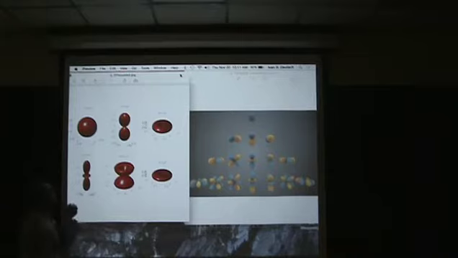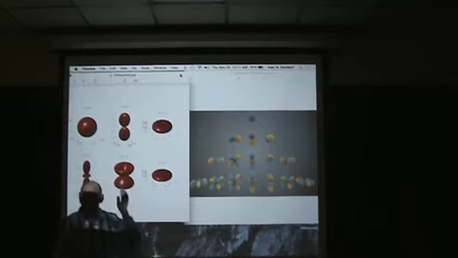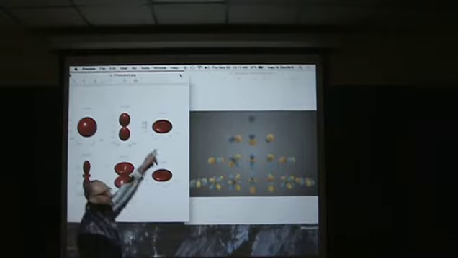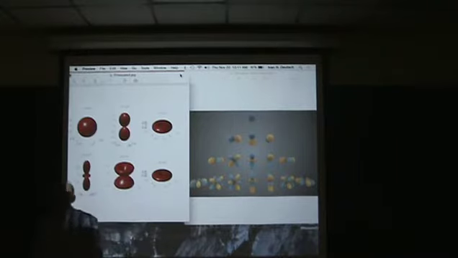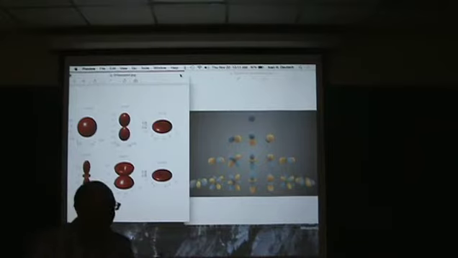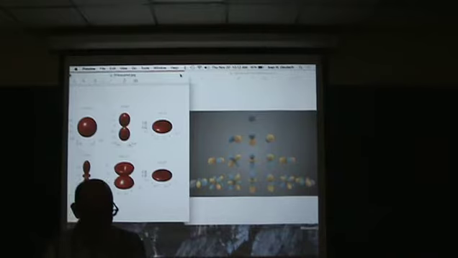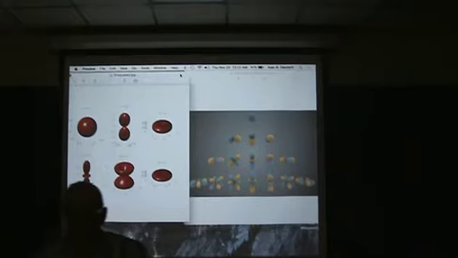The states that have some finite projection along some quantization axis have this probability distribution. Now, if I understand your question correctly, what is the z-axis of the atom? The answer is, there is none.